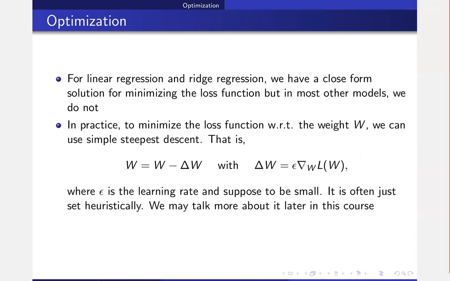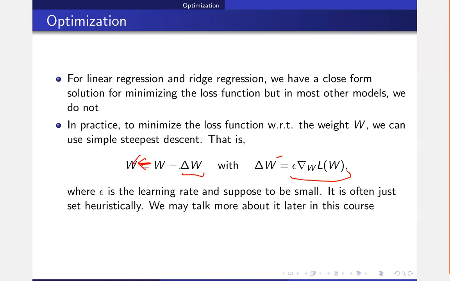I have the weights there. I can optimize the weights as long as I can find the gradient, then I will just go down the slope, going along the direction of the gradient.